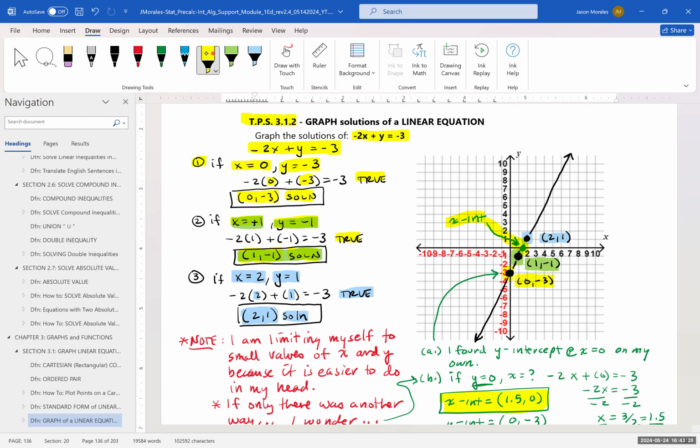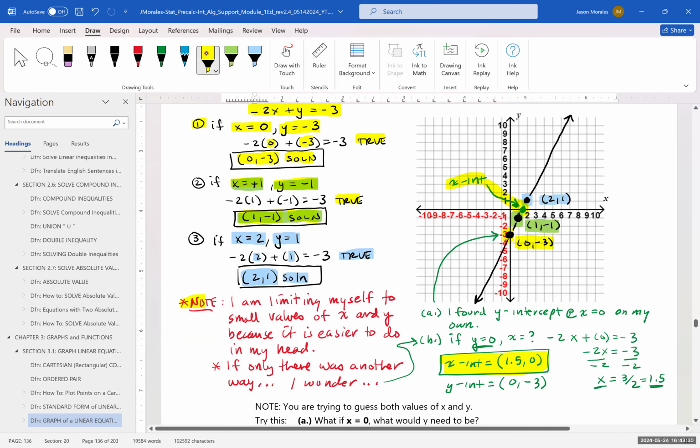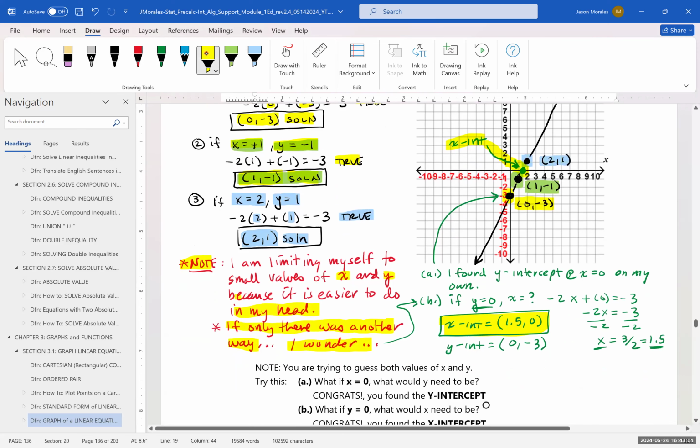Then I wondered to myself, I'm limiting myself to small values of x and y, like 1, 2, and 3, because it's easier to do smaller numbers in my head. And then I said, if only there was another way. We'll be getting to that idea in a minute.